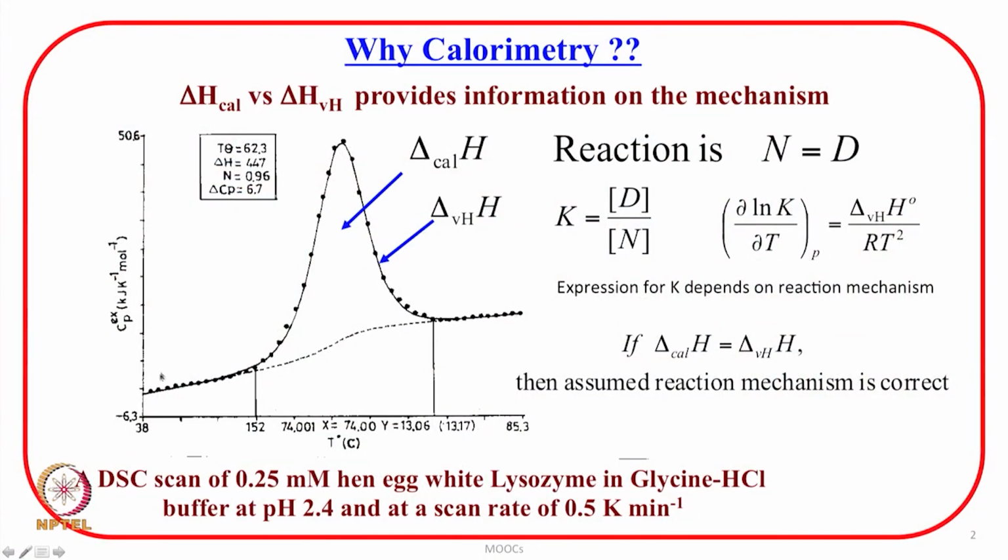The slopes are different, and this dotted baseline that we are seeing here is actually the calculated baseline, which takes the average dependence of the Cp versus T of native state and Cp versus T of the denatured state, you calculate the average value, and that dotted line is the heat capacity variation to be used for the calculation for area under the curve in between this transition range.